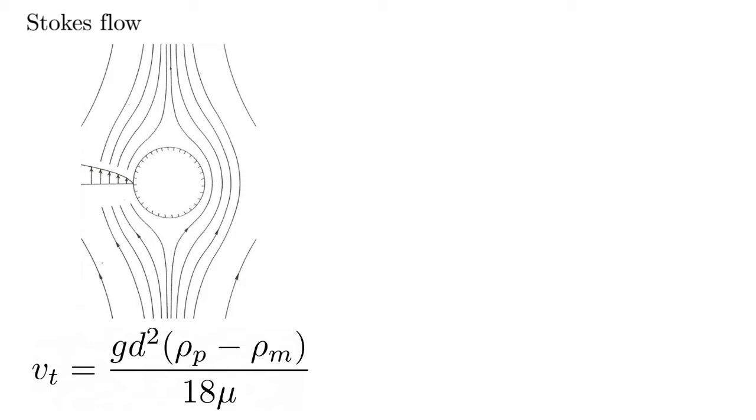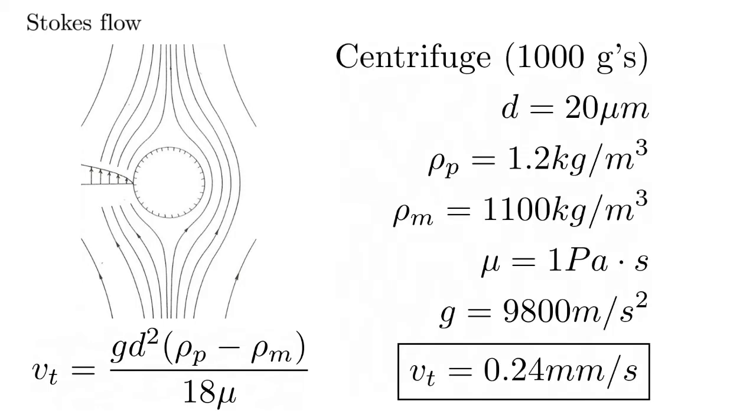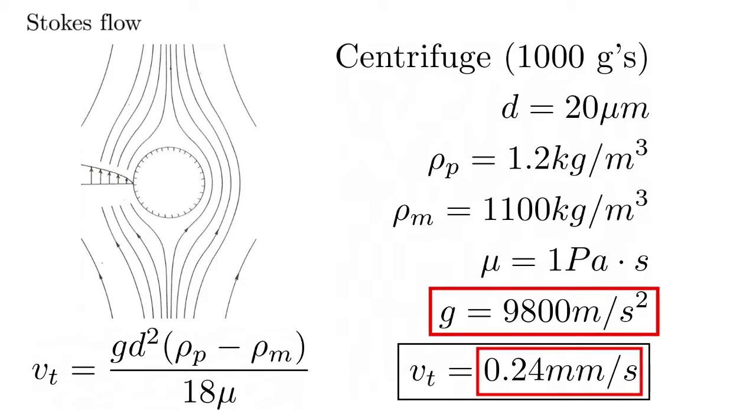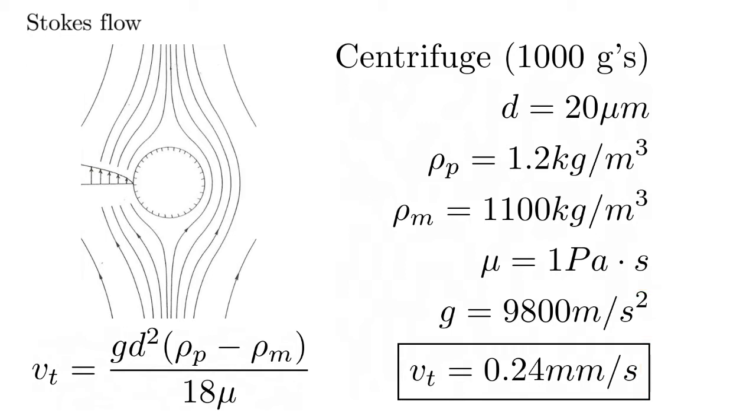Let's say, for example, we use a centrifuge. We can design it such that we increase the acceleration of gravity. Even though we're not increasing the diameter of the bubble, we can still increase the terminal velocity by quite a lot by just the sheer amount of gravity force. Even though the dependency on G is linear, we can still get a fairly decent terminal velocity of, in this case, 1,000 times more.